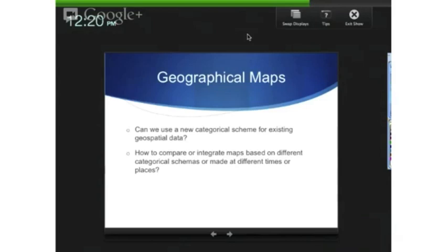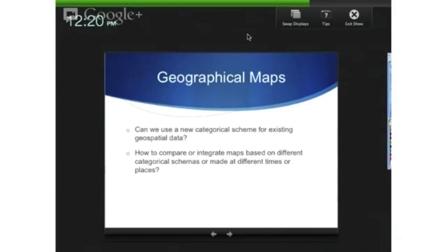And similarly, how can we compare two maps based on schemas built at different times? Or how can we integrate them together? These are the sort of problems we might face when we have different versions of a schema, or when there is a change in conceptualization, and that affects our categorical schema.